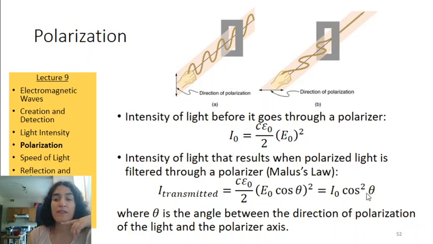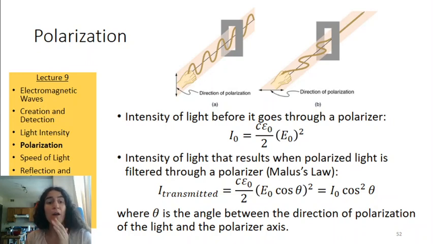I can rewrite this in terms of I naught, because E naught squared times this coefficient gives me I naught. So the intensity of light that's transmitted is equal to the initial intensity times cosine squared of theta, where theta is the angle between them.